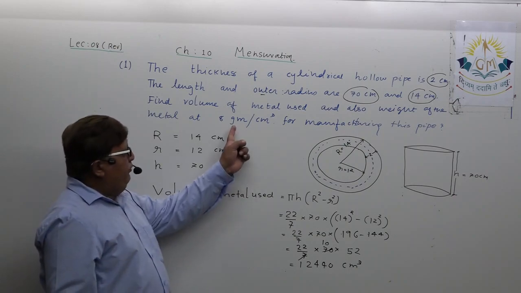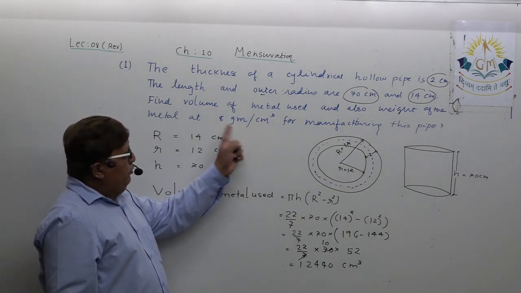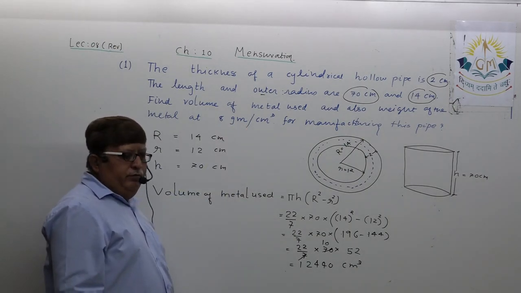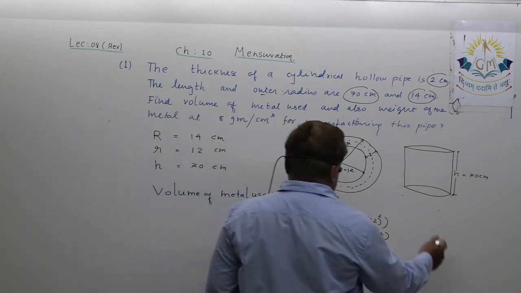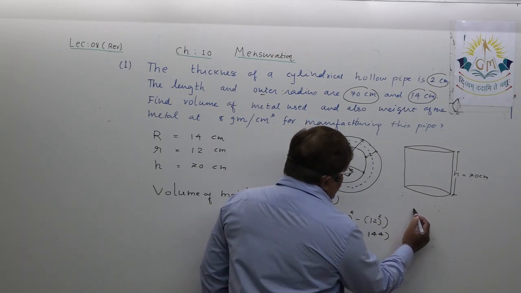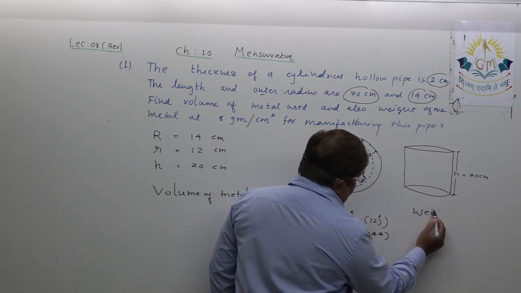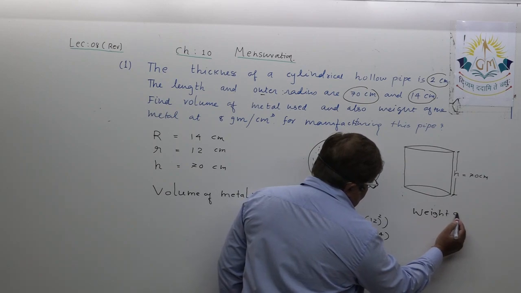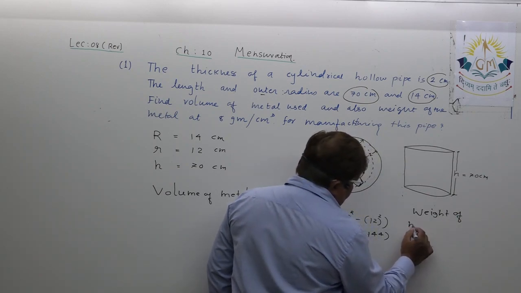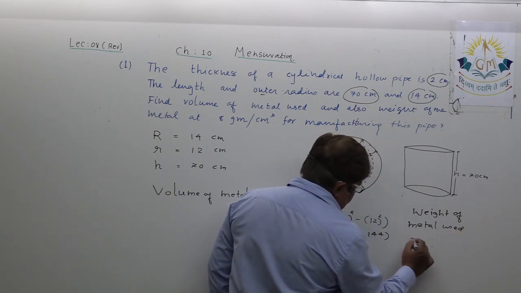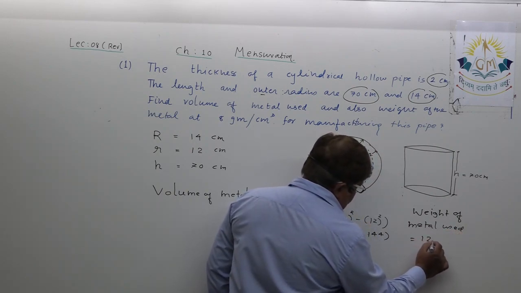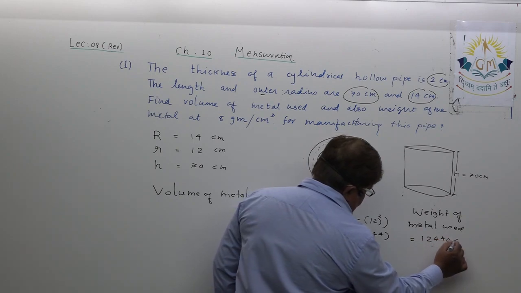Now the pipe is rated as 1 cubic centimeter weighing 8 grams. So let us, dear student, continue here only. I can write this way: weight of metal used equals to 12440 into 8.